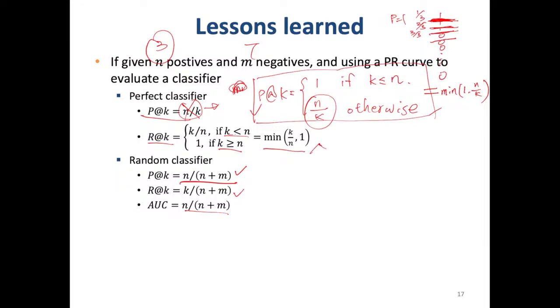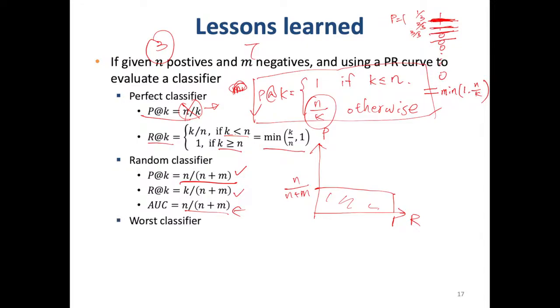So for a random classifier, your recall and precision are like this. Here is 1, and here is n divided by n plus m. So the area under the curve is the area of this rectangle. Okay.